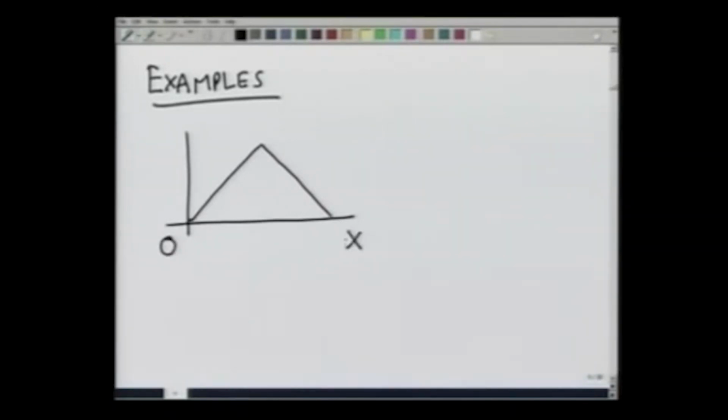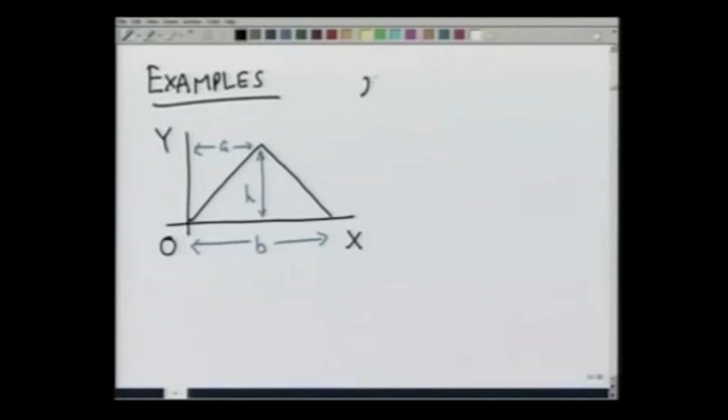This is the x axis, this is the y axis. The height of the triangle is h. The distance of the vertex from the y axis is a, and the other corner is at distance b. I wish to calculate its first moment about the x and y axis and its centroid xc and yc. So, let us do that.